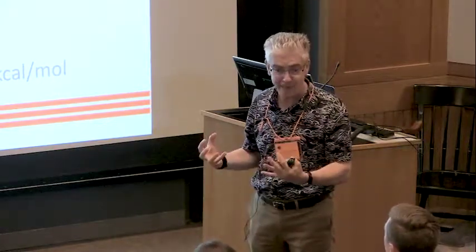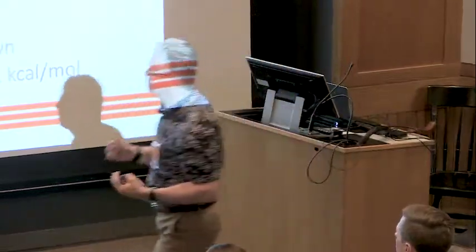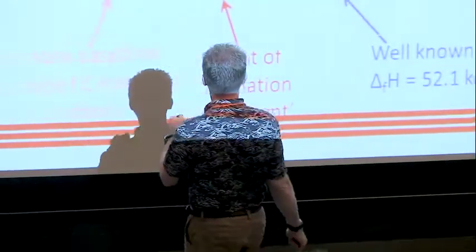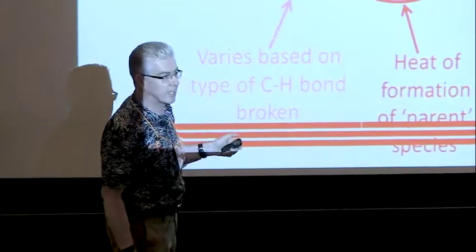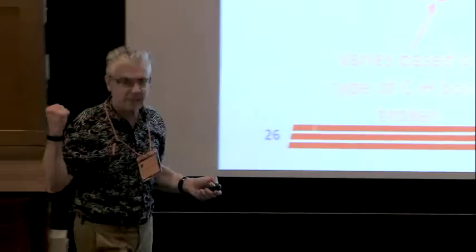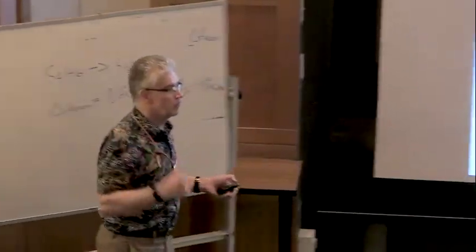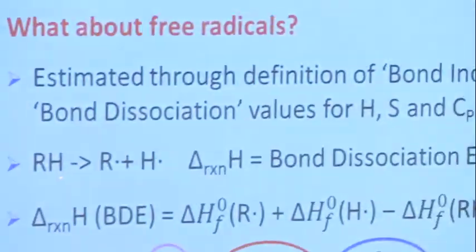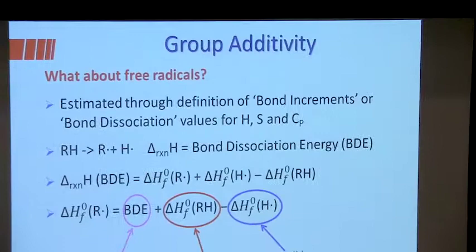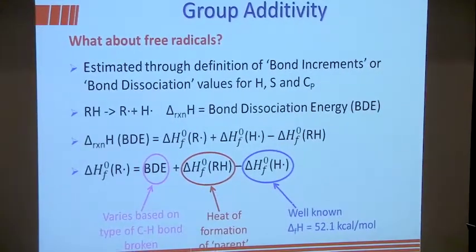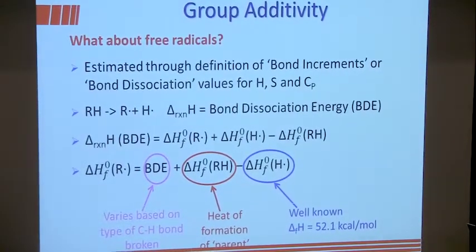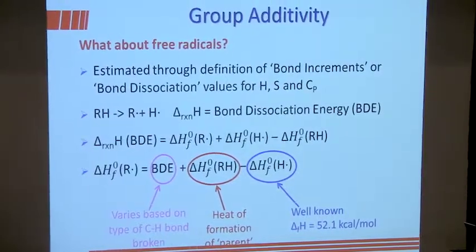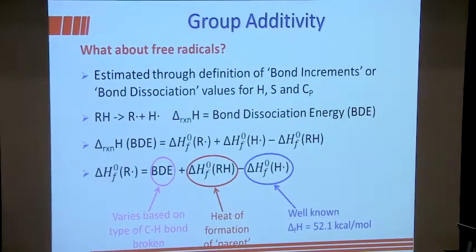That is the heat of reaction. And this is what we define as the bond association energy. Okay, so I gave a specific example here, but this is the general example. So we have RH, which in this case would be ethane, and delta H reaction is actually the bond association energy to break that bond.